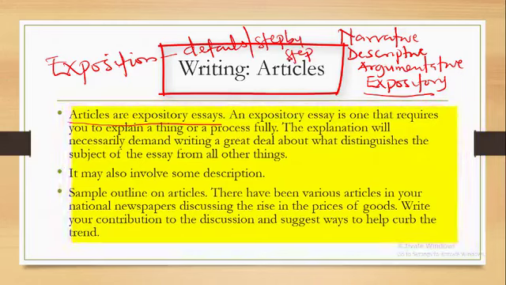Okay, so we are looking at how we explain a process, how you explain a thing. It requires you to know more. Write in great detail what you know on this thing. And so if you don't have a good knowledge of that thing, you cannot write an expository essay.